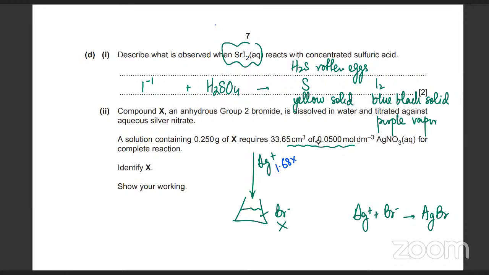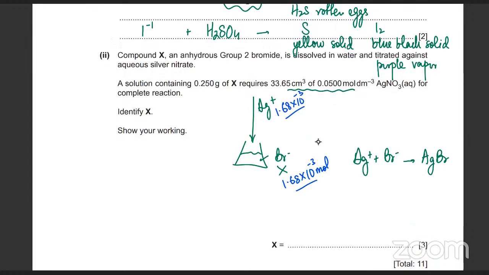So that many silver ions were added. So the amount of Br ions will be exactly the same, right? It's 1:1. So that's going to be 1.68 times 10 to the power minus 3 moles. So Br ions will be exactly the same.